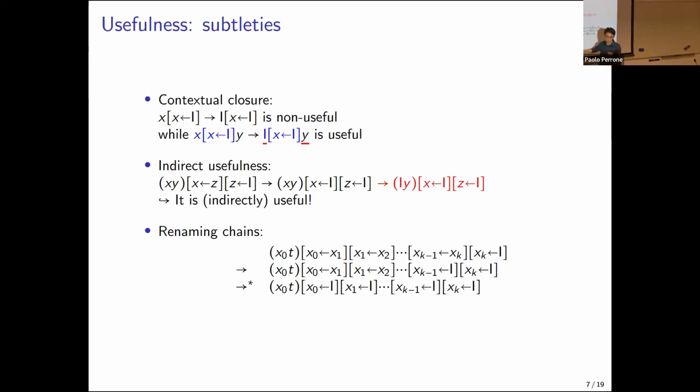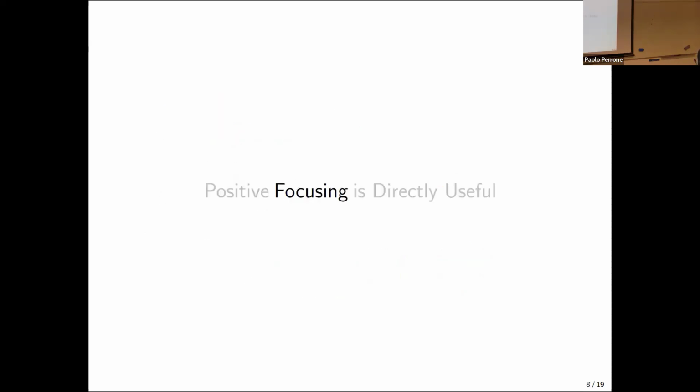So all these steps should be considered not indirectly useful. This is actually a problem in practice because this can cause inefficiency in real implementations. This has been shown in the literature, so this is not really desirable.